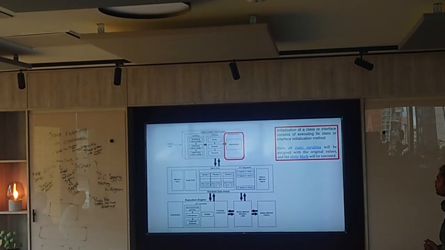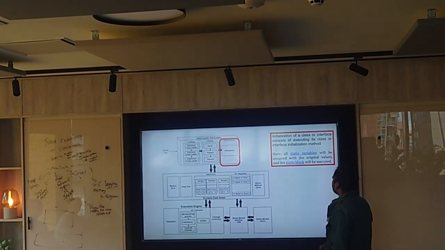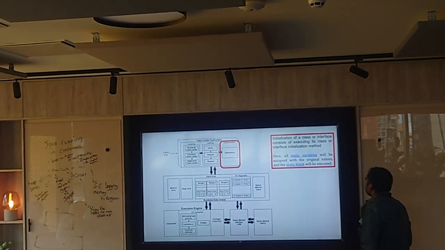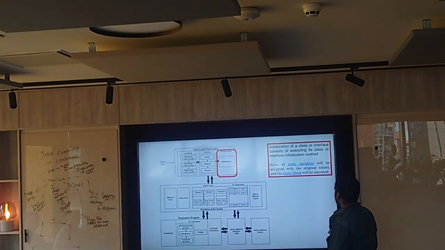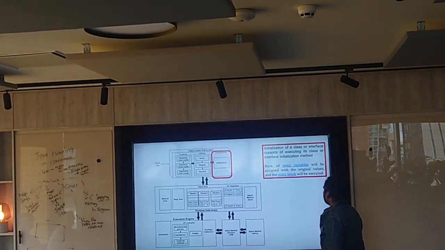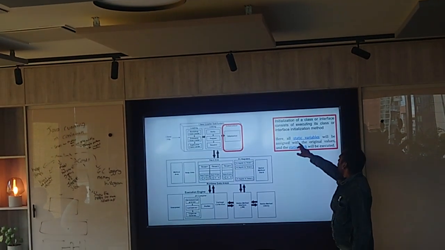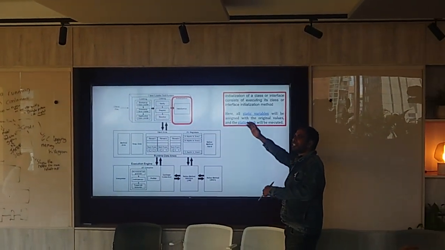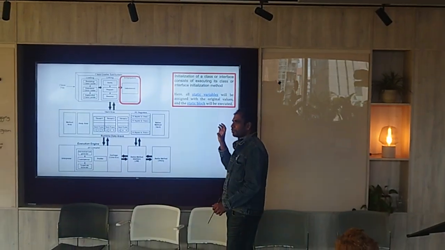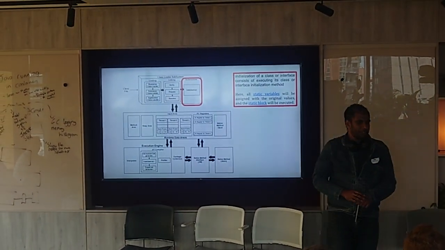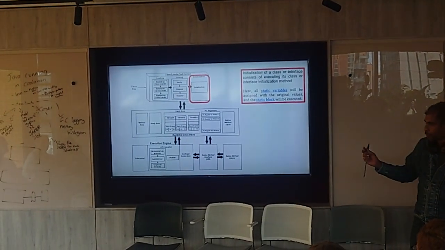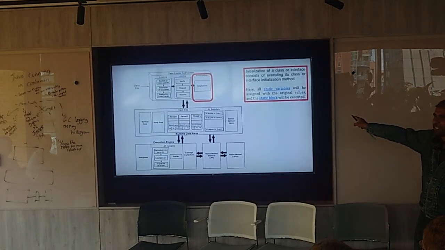And then we go for initialization of a class or interface, which consists of executing its class or interface initialization method. Previously our variable was assigned false. In this stage, it will be assigned true, and the static block will be executed.